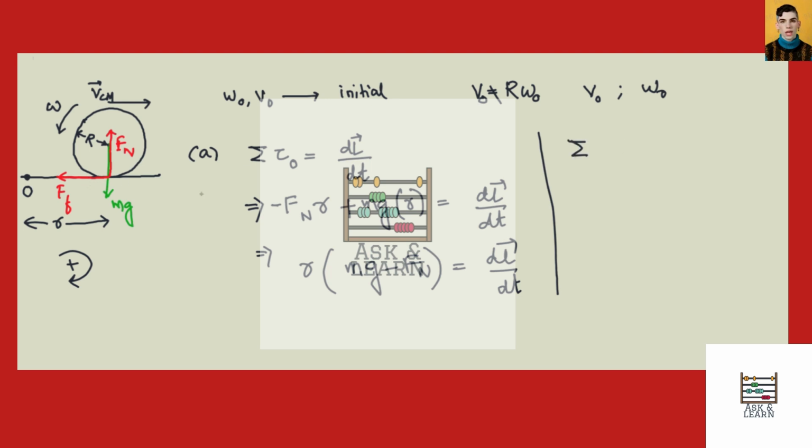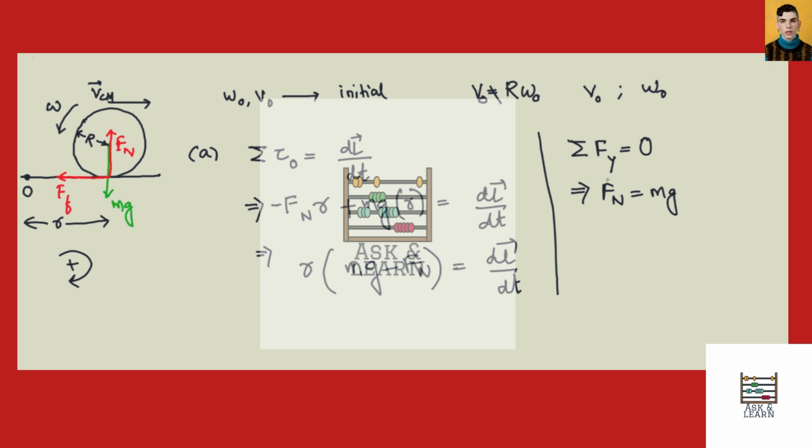Therefore, we can say that the ball is in equilibrium in the vertical direction. It's moving, but it's moving to the right, so it's moving horizontally. But vertically, there is no acceleration. So we can write the net force in y direction to be equal to 0. So this gives Fn to be equal to mg, which are the two vertical forces.